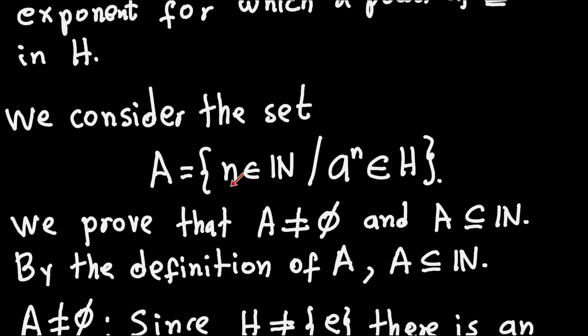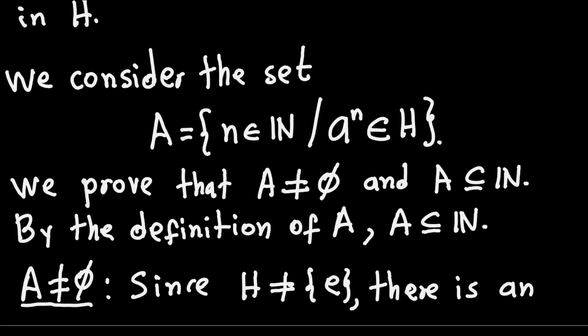So we're gonna take all the natural numbers whose powers of A are in H. We're gonna make a set made out of the positive exponents of the elements of A that are in H, and we will apply the well-ordering principle to this set.